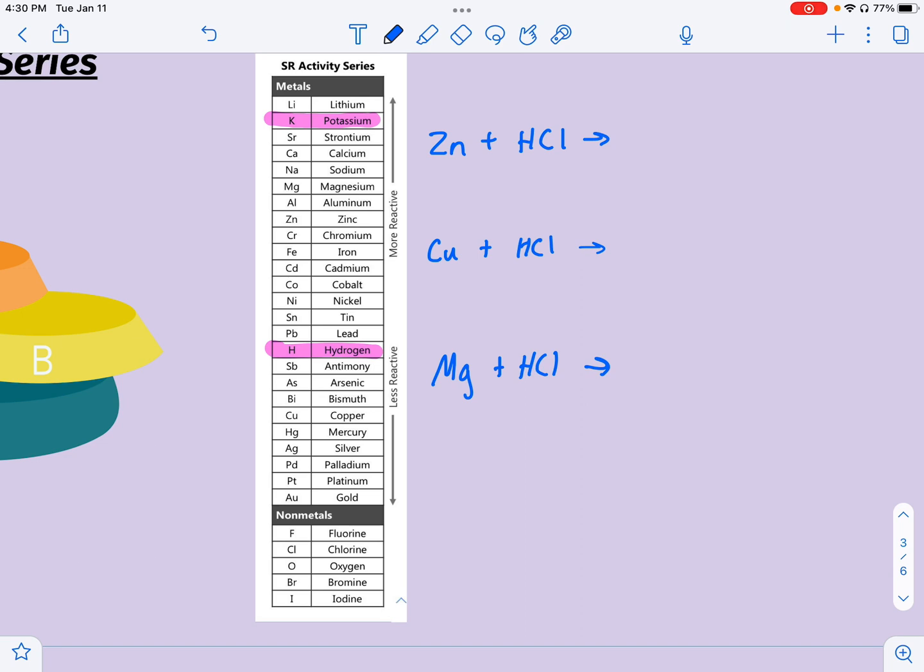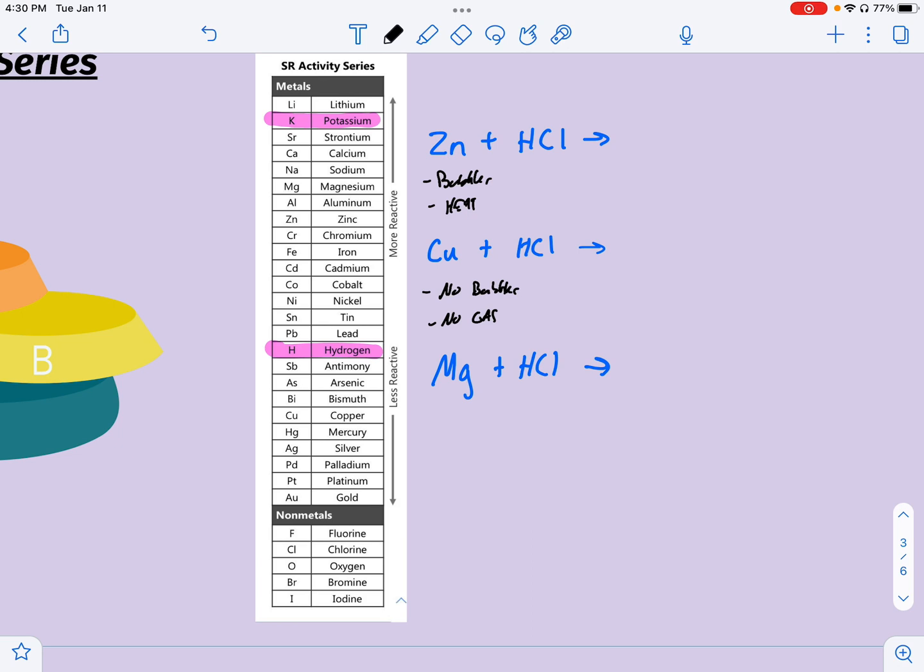So we saw some bubbles, and a gas was being produced. When I combined copper with hydrochloric acid, we didn't see anything at all. No bubbles, no gas, and no heat. Oh yeah, we also got a fair amount of heat from the zinc reaction as well.